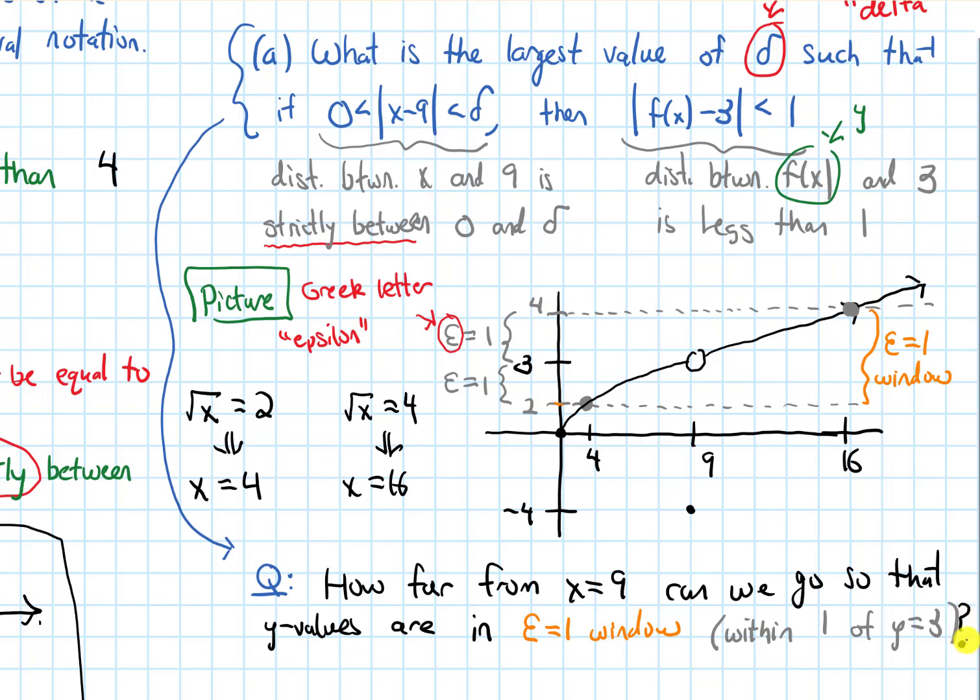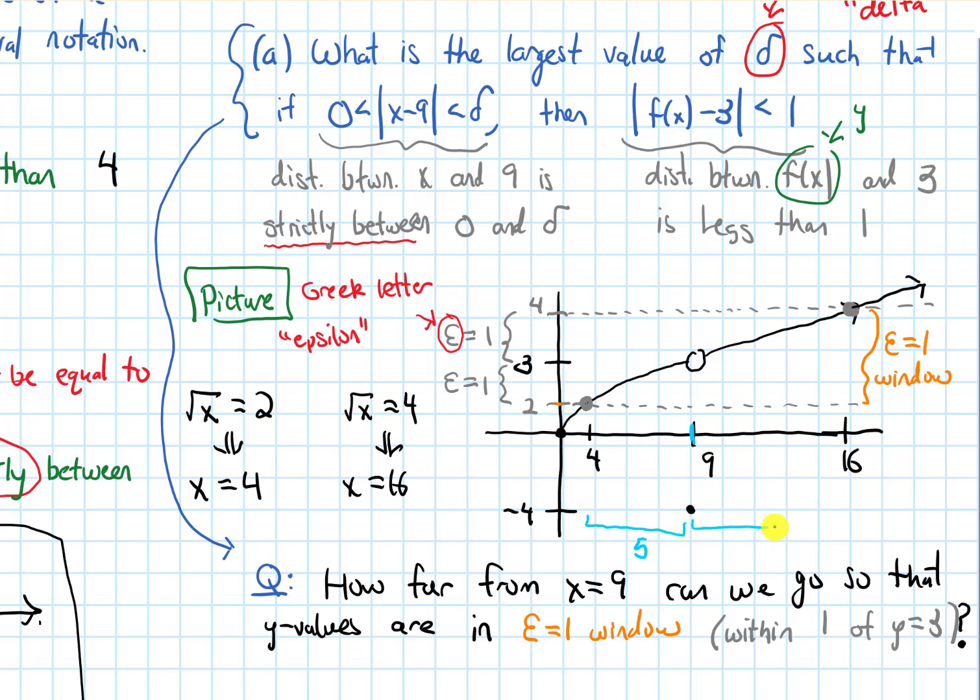Okay, so that is our question. To answer this, let's first figure out, when I start where x is 9, how far I can go to the left and how far I can go to the right before I would reach the edges of this epsilon equals 1 window. So if I start at 9 and go all the way to the left edge of that epsilon equals 1 window, that distance is 5.